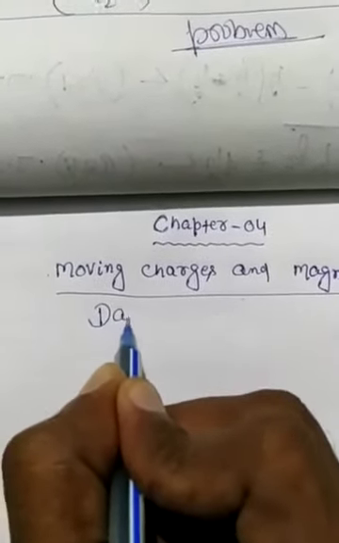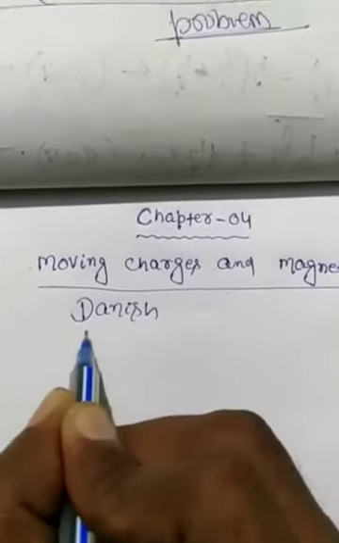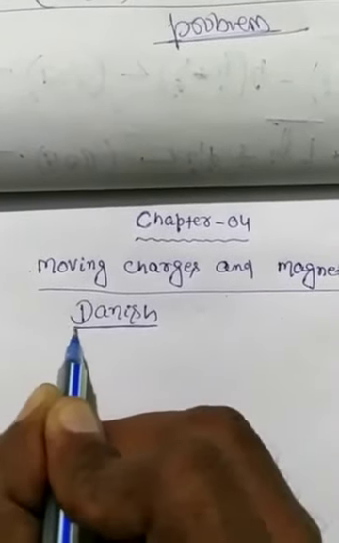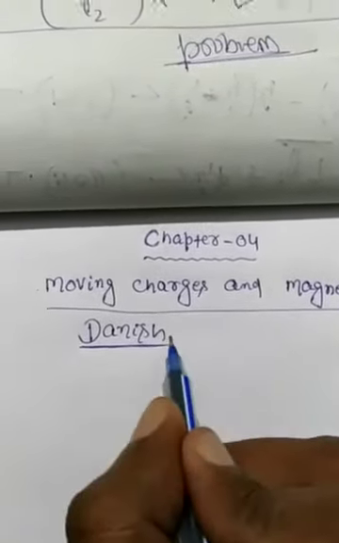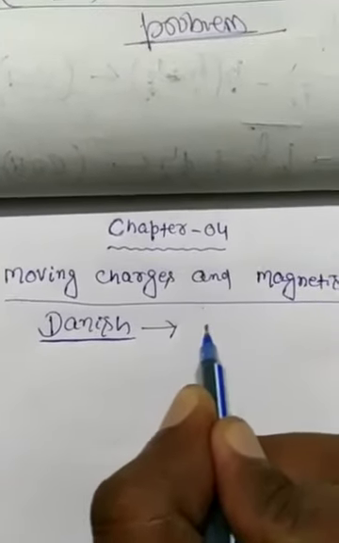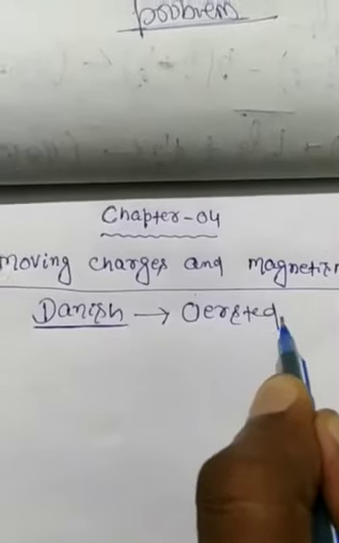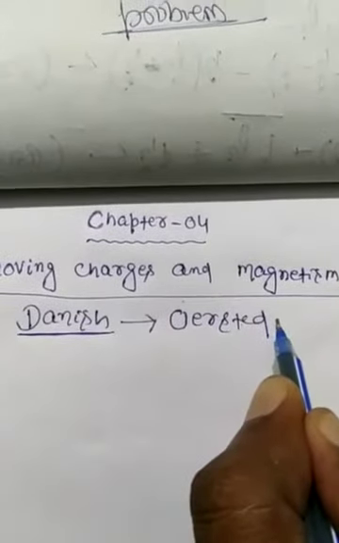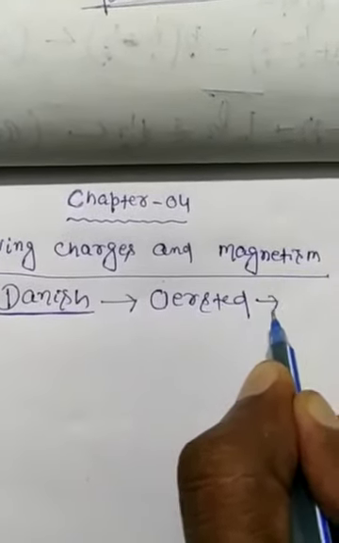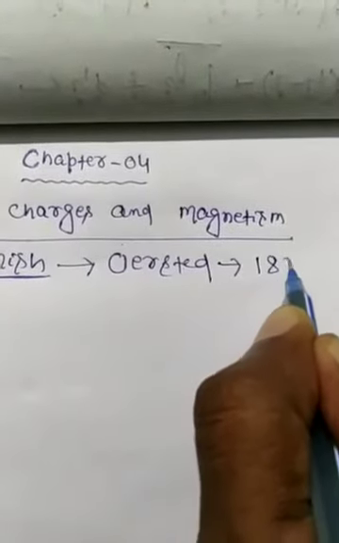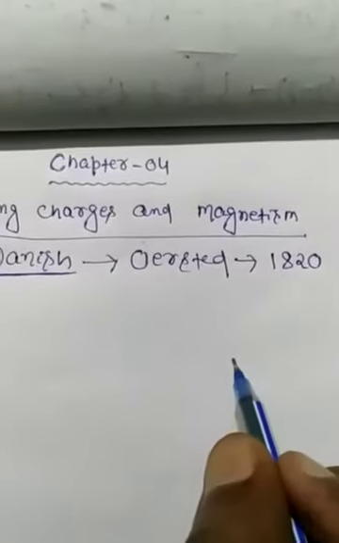Danish, D-A-N-I-S-H. A Danish scientist whose name was Weierstrass first discovered moving charges and magnetism in the year 1820.